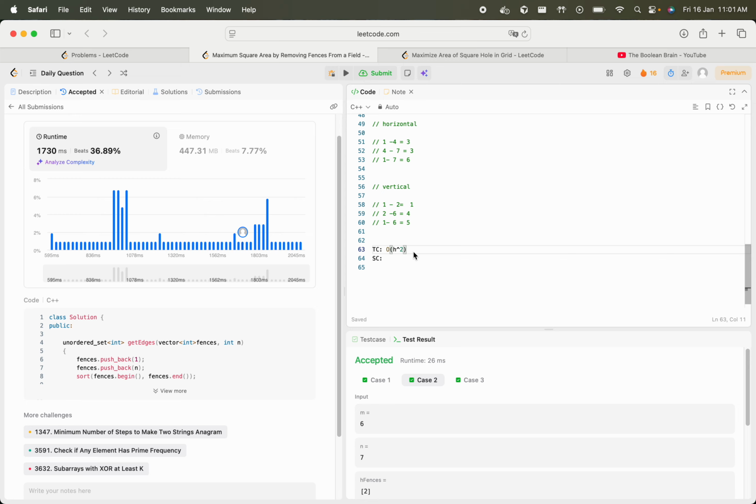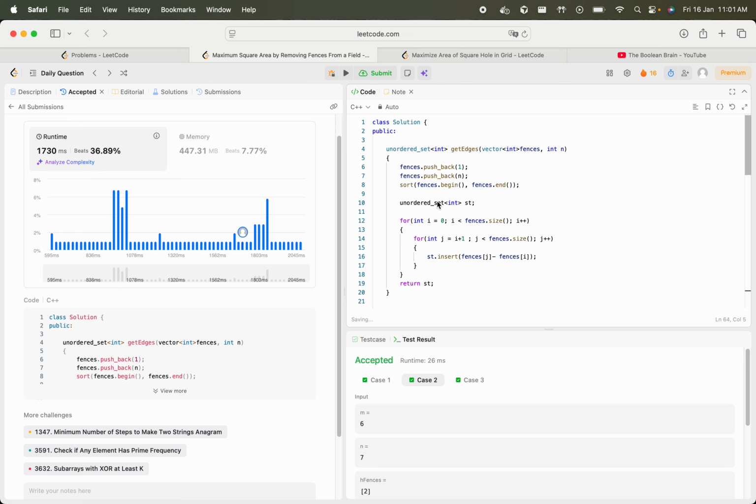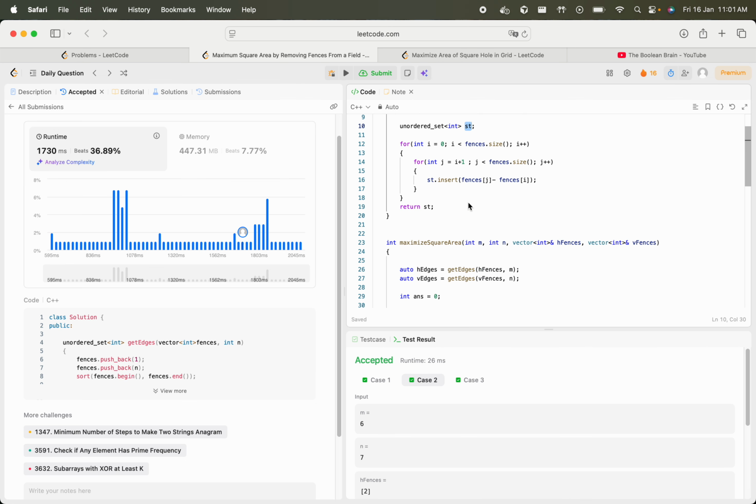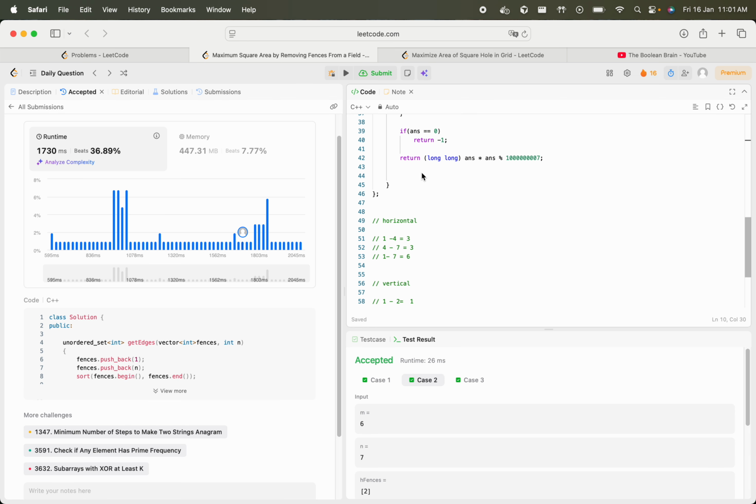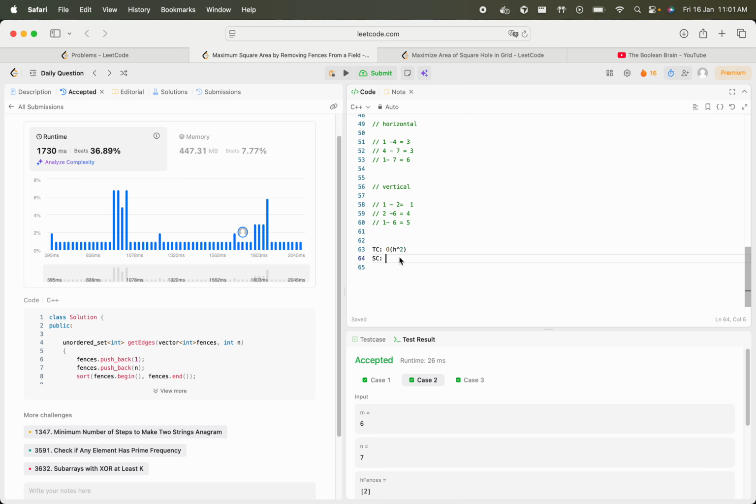In terms of space, we are using a set to store the different possible combinations, and again that might go to O of h square plus O of v square, because we are iterating on the vertical as well as the horizontal. So both time and space complexity go to O of h square plus v square.